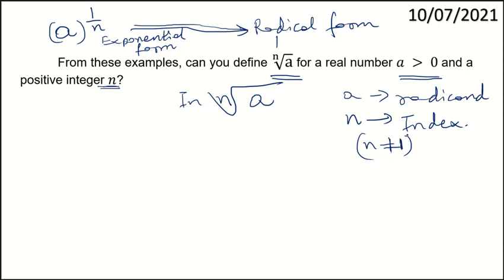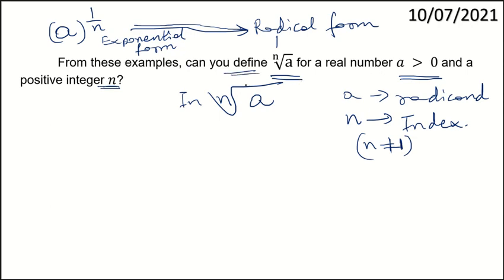It is any positive integer starting from 2. More than 1 means starting from 2. Square roots inbuiltly have that square root where n is 2. That you have to remember. Now we will go for defining this.